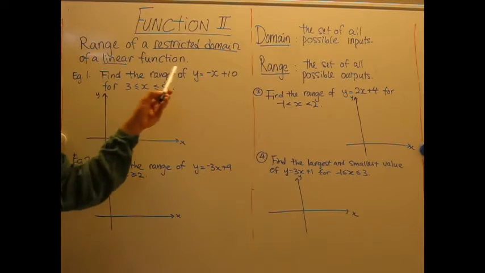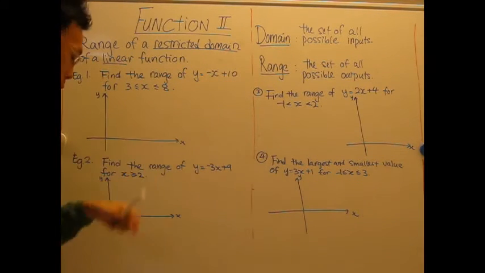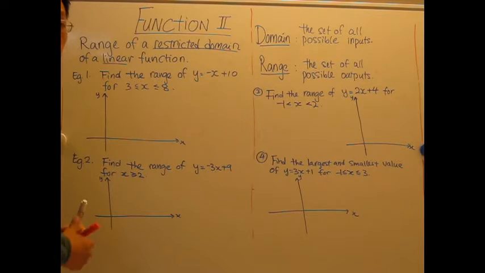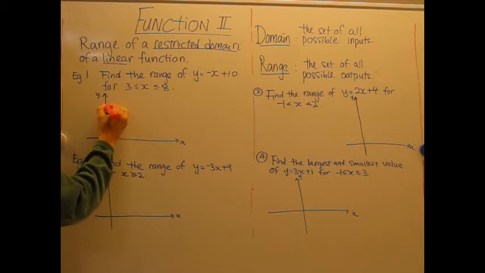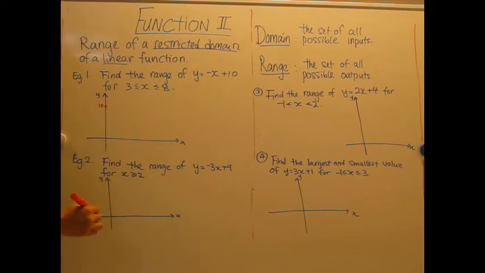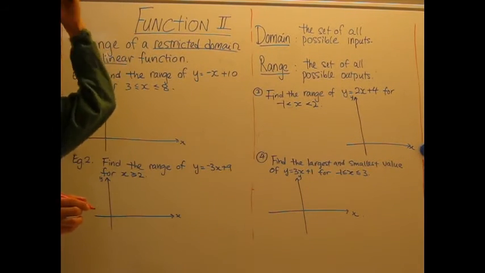To attempt this question, negative x plus 10, remember, this is a linear function. The 10 here is the y-intercept, so in this sketch I'm going to indicate y, and the y-intercept here is 10. The gradient here is negative 1.